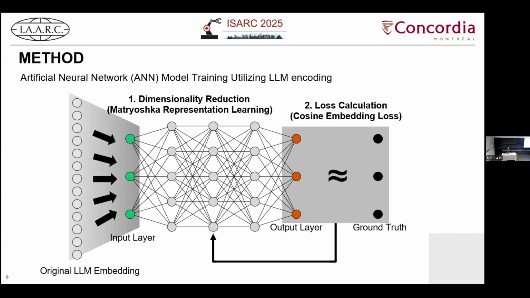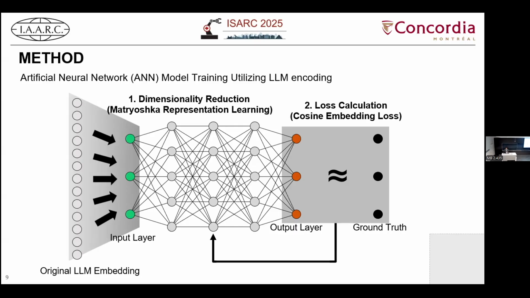The first was dimensionality reduction, where we use Matryoshka representation learning to reduce the dimension of those high-dimensional large language model embeddings into some dimension that's feasible to train relatively smaller AI models. The second approach was we modified the cosine embedding loss, which is something common, but we calculated the cosine distances between the embeddings.